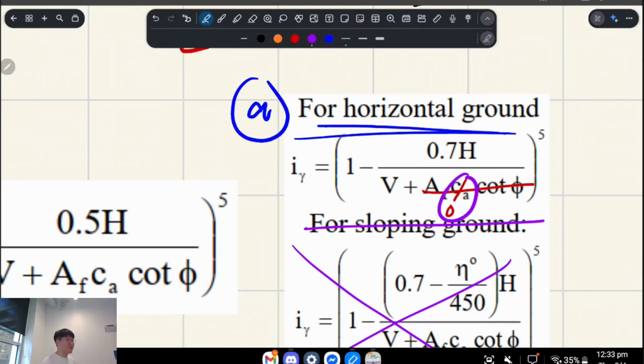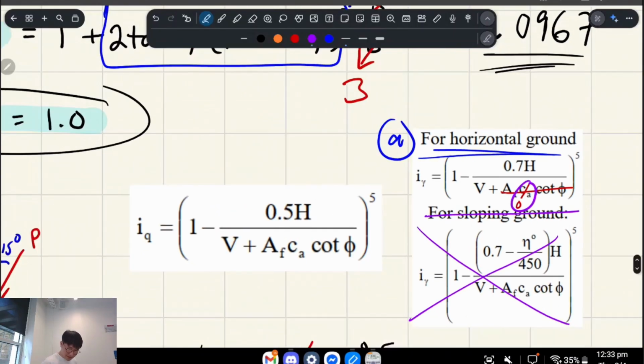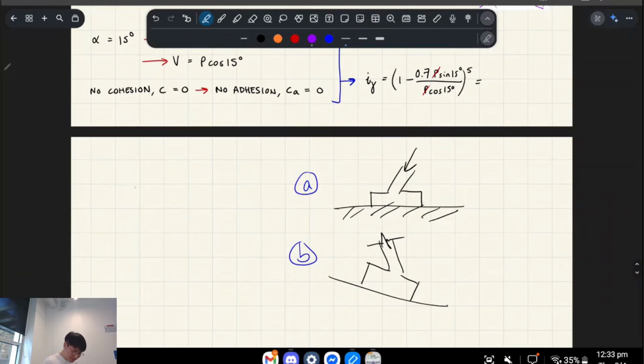So CA is a little bit different to cohesion, right? So there's C, which is cohesion, and then there's CA, which is adhesion. Okay. Does anyone know the difference between adhesion and cohesion? Is it against the concrete and soil? You're pretty much right.